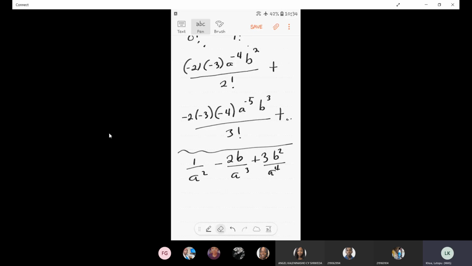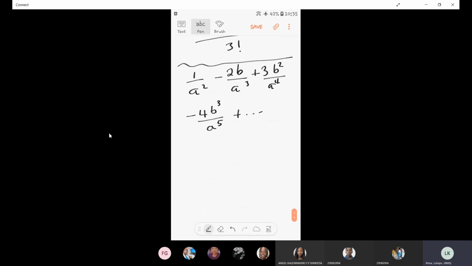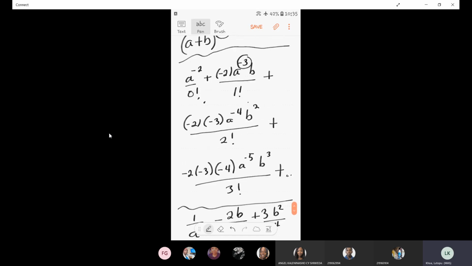And my answer is negative, because I have negative, negative, negative. 3 negatives make a negative. So I have negative 4. In the numerator, I will have b to the power of 3. And then in the denominator, I have a to the power of 5. And then I say dot, dot, dot. Okay, so you can see me getting 4 terms using the binomial expansion is much easier than me getting 4 terms using long division.